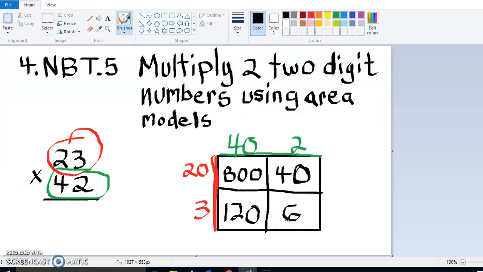Now the final step in using an area model to multiply two-digit times two-digit numbers is that I need to add all of these partial products inside the area model. So if I add 800 plus 40, that would be 840.